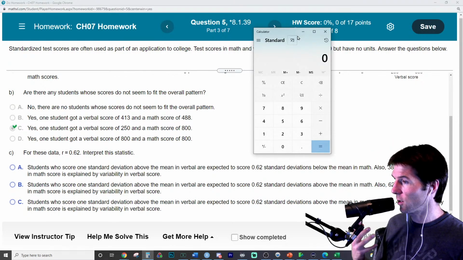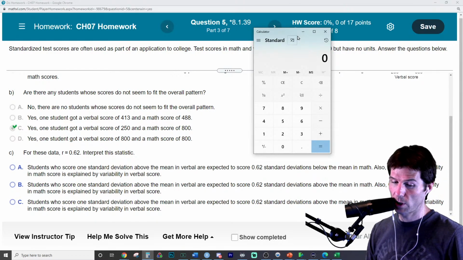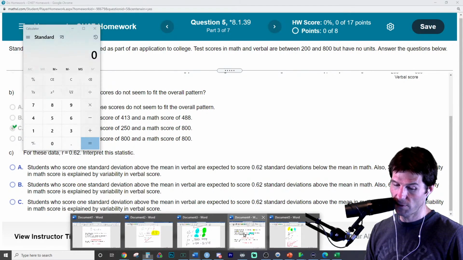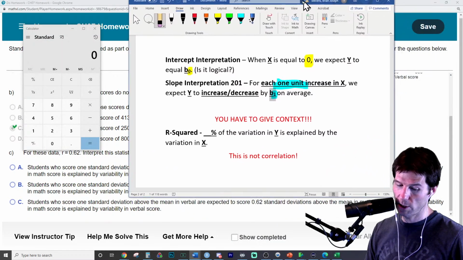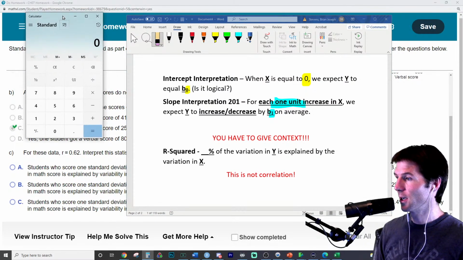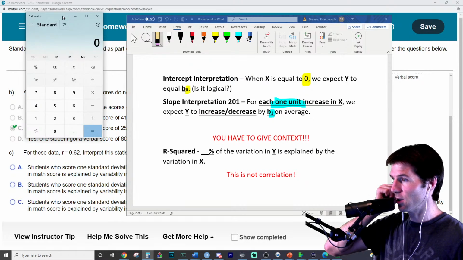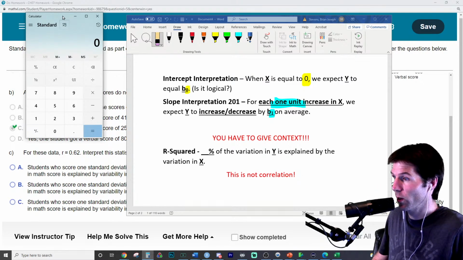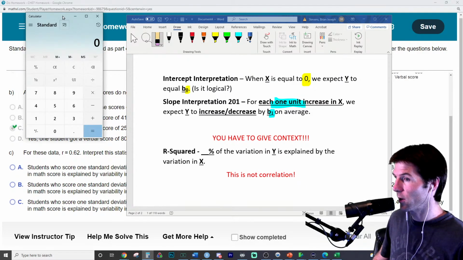So how do we get r squared right here, which is the percent of variation in y explained by the variation in x. I can't state this enough that correlation and r squared are different things. On the test, people lose points because they just say it's moderate correlation. And like, no, this is r, we're doing r squared.